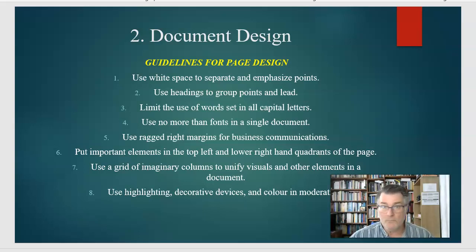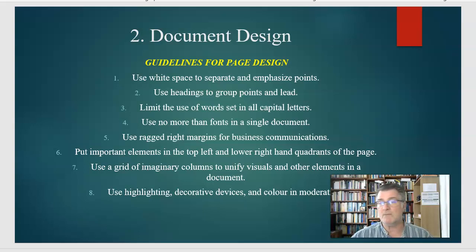And of course, like all business correspondences, you always want to write single-spaced paragraphs, double-spaced between paragraphs. Always follow suit, no matter what it looks like. Ragged right margins for business communications. That is almost the standard these days now. Top left and lower right-hand quadrants of the page are important because we tend to read left to right.